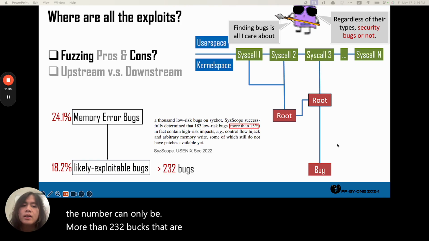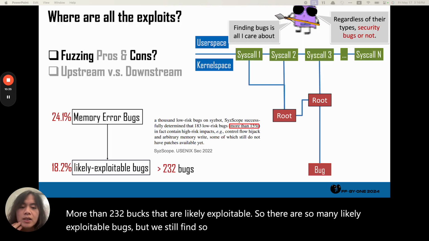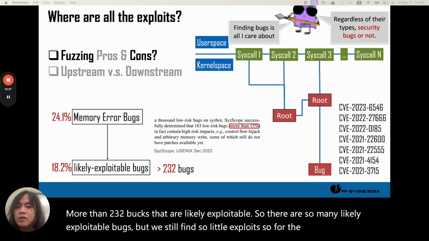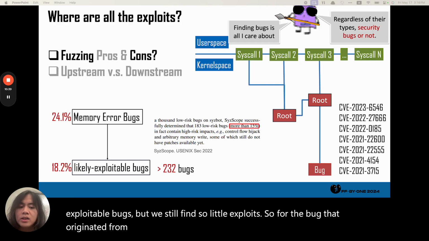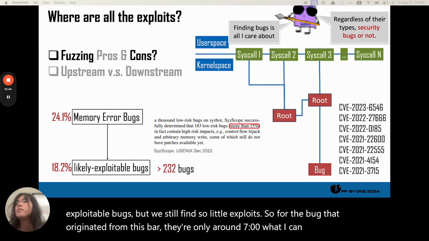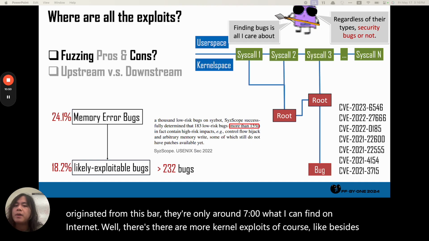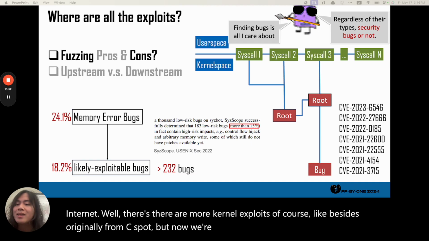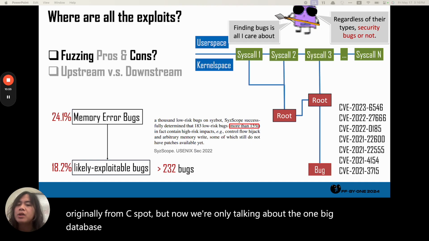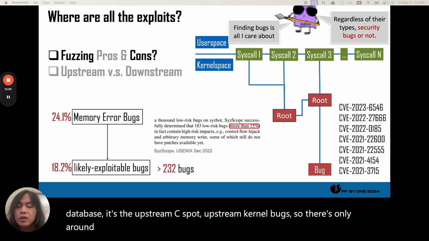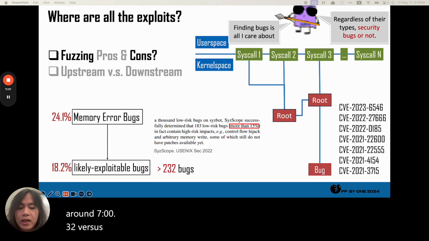So there are so many likely exploitable bugs, but we still find so few exploits. For the bugs that originated from Syzbot, there are only around 7 that I can find on the internet. Well, there are more kernel exploits, of course, besides those originating from Syzbot, but now we're only talking about the one big database, the Syzbot upstream kernel bugs. So 232 versus 7. That's kind of shocking.